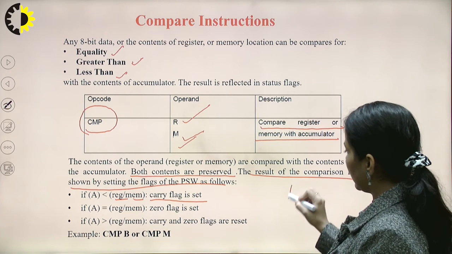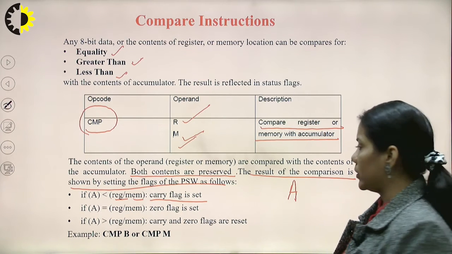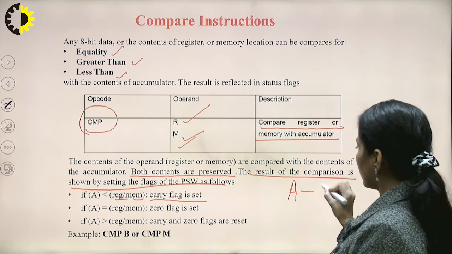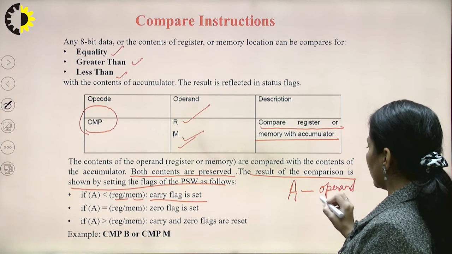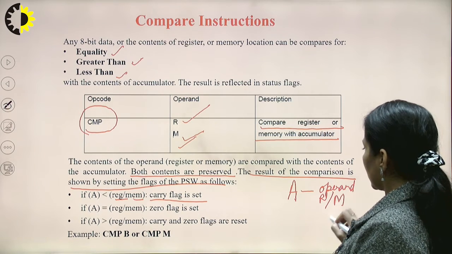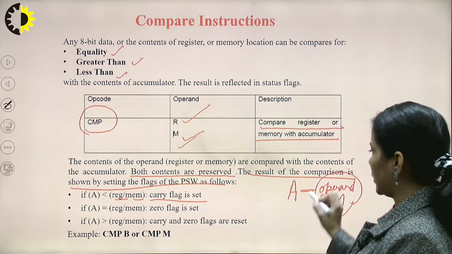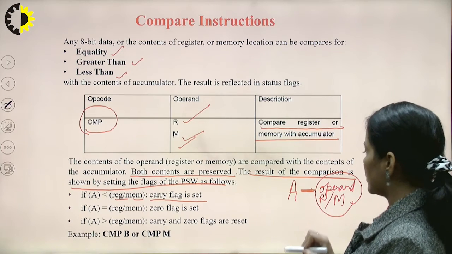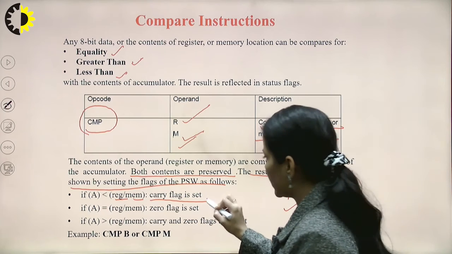In the comparison operation, basically subtraction is performed. The contents of the operand, register or memory, are subtracted from the contents of accumulator. If the accumulator contents are less, obviously the carry flag is set.